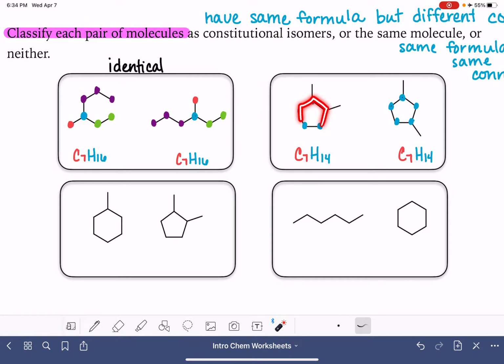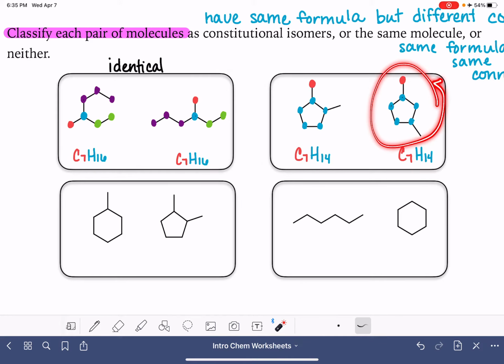And then for the substituents, the branches on this molecule, we have 1 carbon sticking out all by itself right there. And then in the molecule on the left-hand side, our second branch is immediately adjacent. So they are attached in positions that are side by side on that 5-membered central ring.